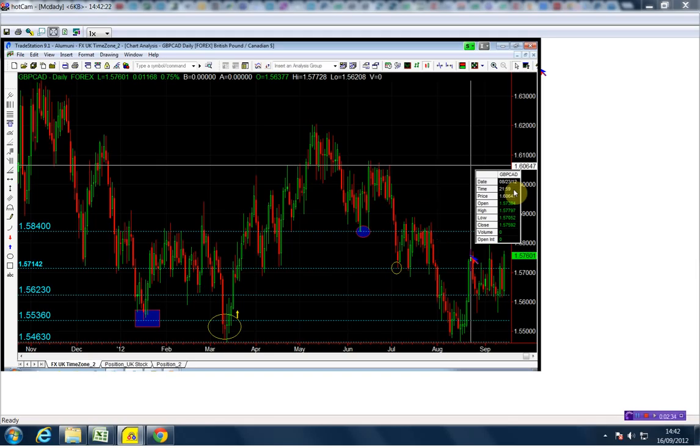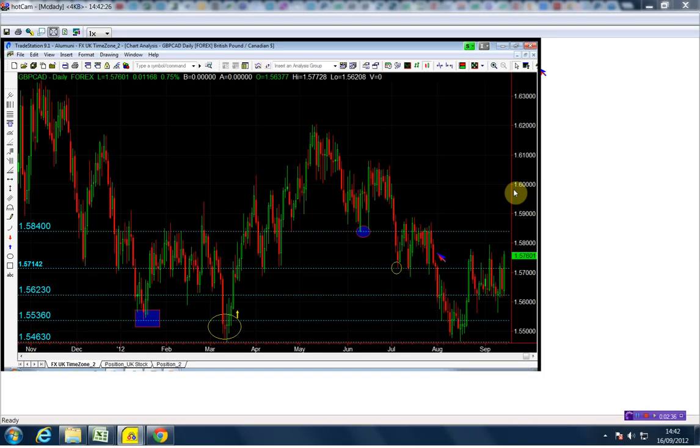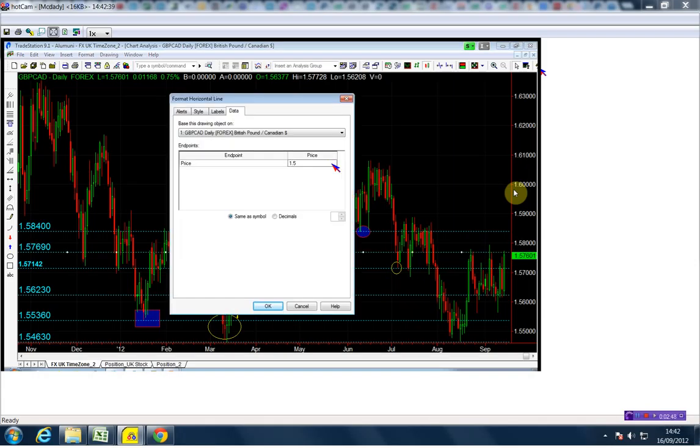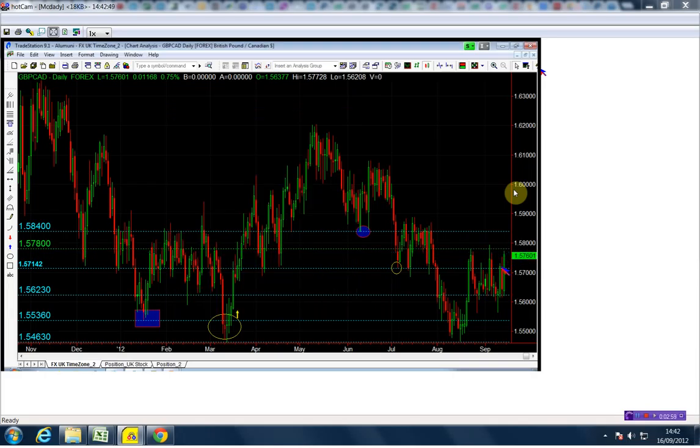So you can see that around the 157.80 area, if I use 157.80 as a buy area, just on average, not a structure point, that would be a pretty decent move.